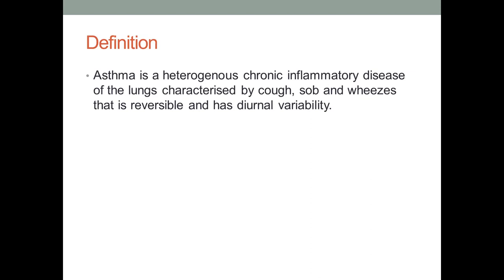It means that this is a chronic inflammation in asthma, and there is heterogeneity because if twins suffer from asthma, then the signs, symptoms, the progress, the control, and the response to the treatment will be different among the twins. That's why this is called heterogeneous.